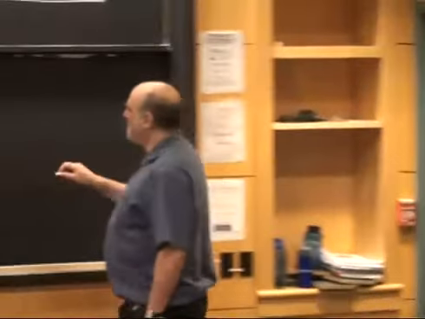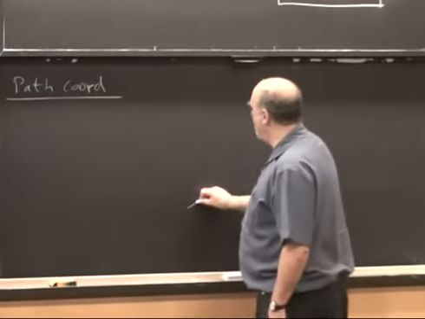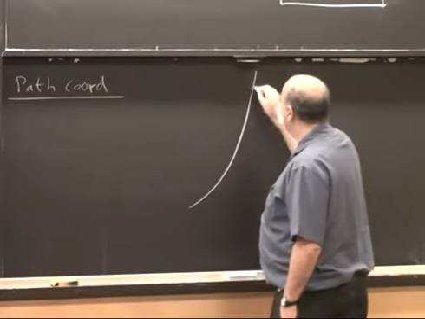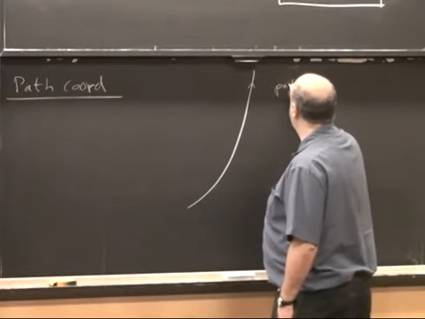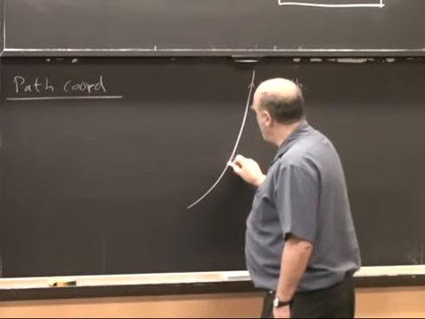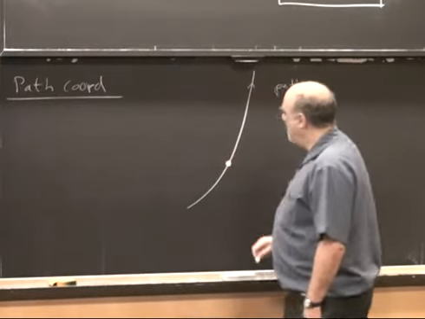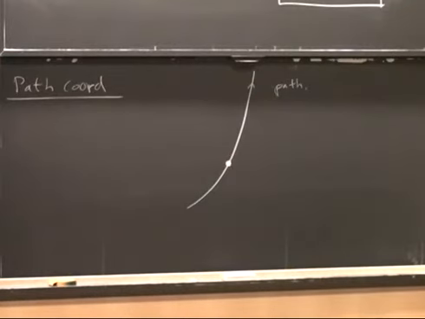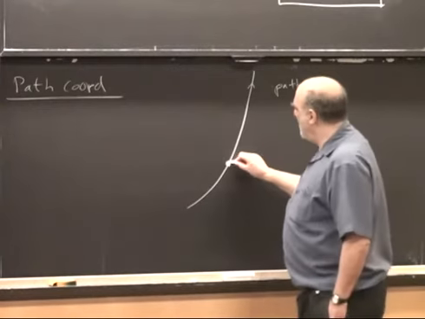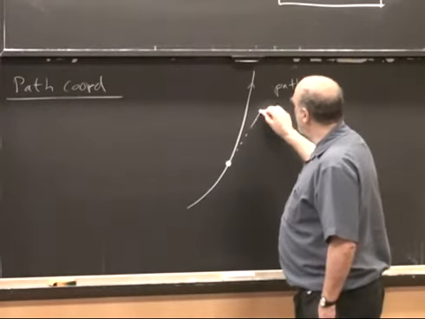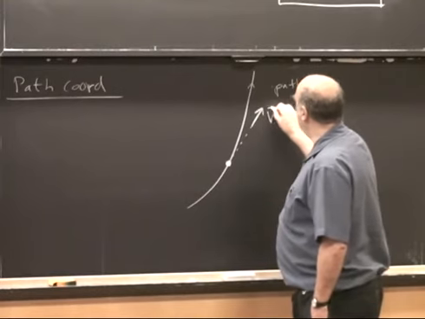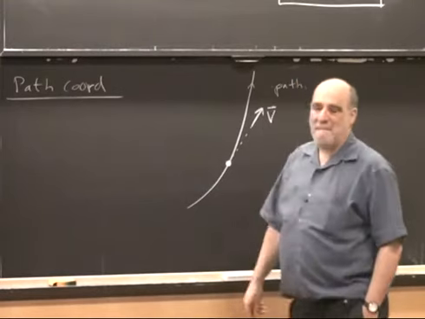And the thing is, let's just say something is moving on some path. So this is the path of some particle. And we catch it at some time here, and we look at what's happening at this time. Now what you see is at this time, this thing has a velocity, and the velocity has to be parallel to the tangent to the path.